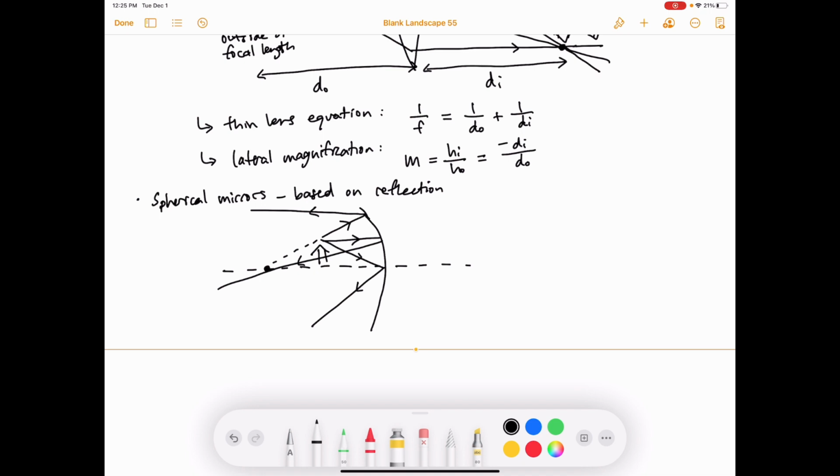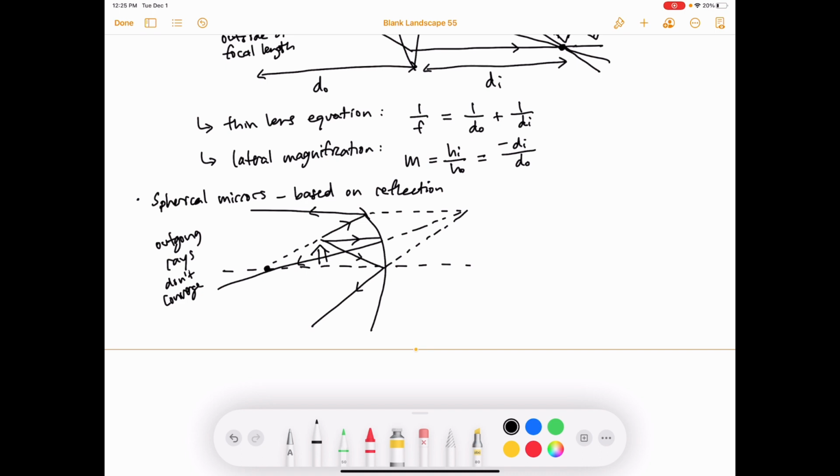And there we have it. So notice how the outgoing rays are not converging. But if we trace those outgoing rays back behind the mirror, like this, now we see that those virtual rays are converging.